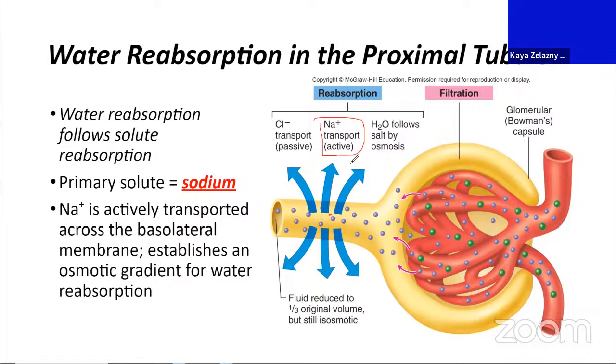So that sodium basically is going to be pulling water towards itself now that we have sodium building up away from the walls of the proximal tubule, basically. So when we think about water movement, we want to think about where are the salts going, where are the ions going. Water is generally going to follow them in order to keep everything at equilibrium, even out those gradients.